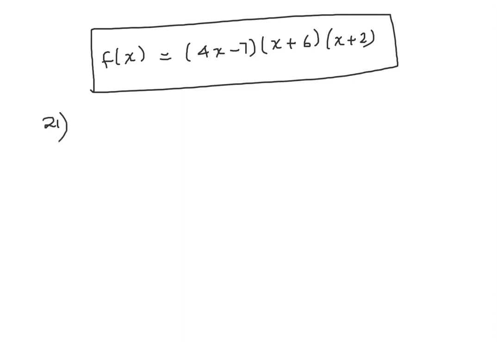Next, we are going to solve number 21. It's the synthetic division. I think you can do this. So we are given a polynomial f of x equals, given that 2 is a 0.